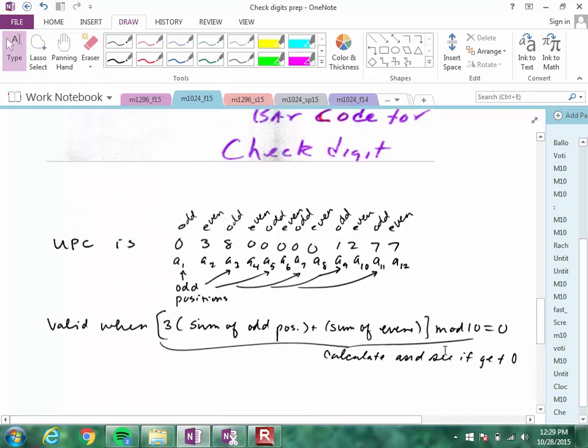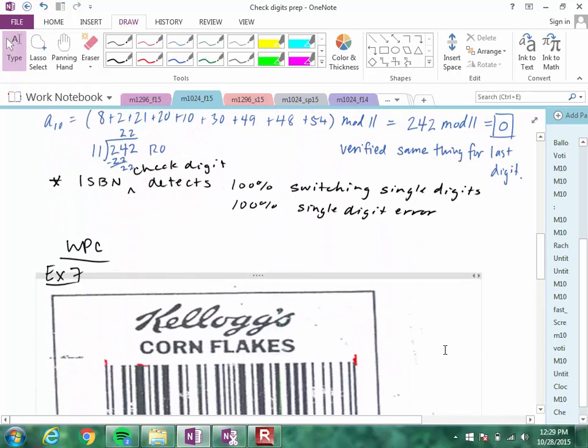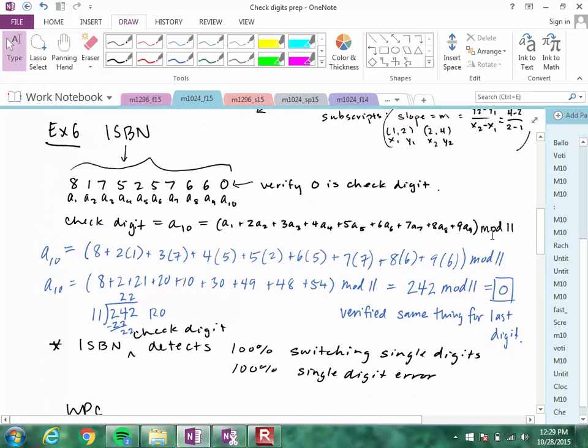Alright, before we move too far, I forgot to mention this quickly. We took this mod 11, and we have 10 digits, 0 through 9, in our numbers.